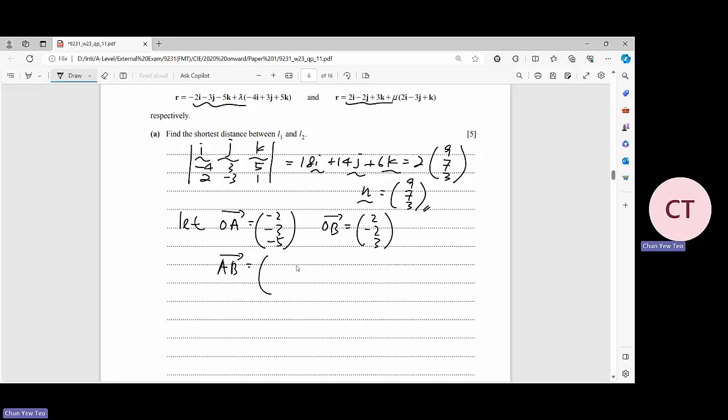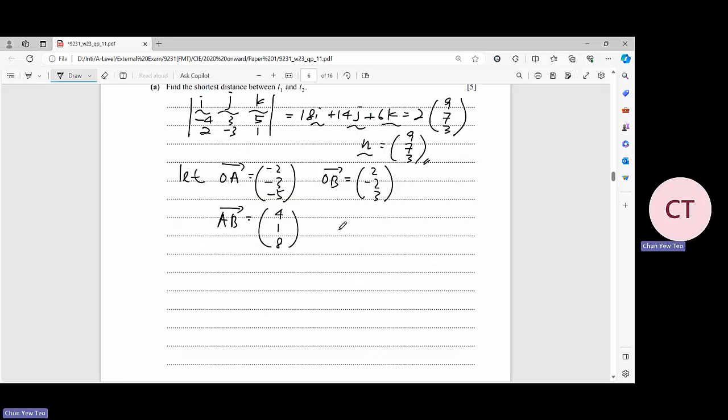If I take B minus A, you get 4, 1, 8. So in order to get the shortest distance, the formula will be AB dot product with the n, divided by the magnitude of the n. So this is the formula.